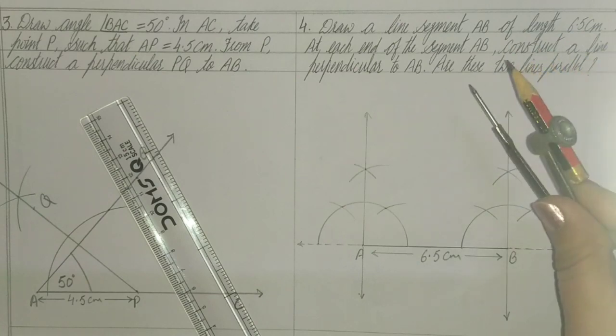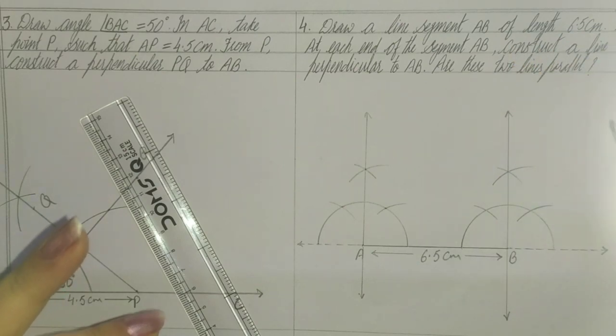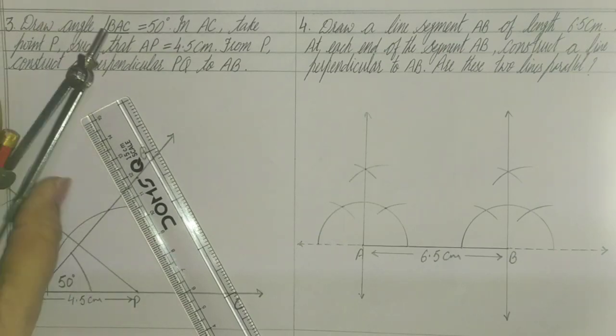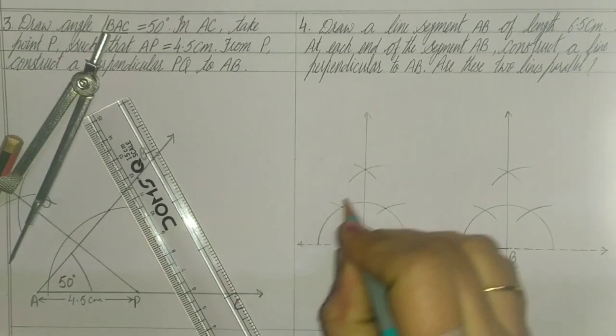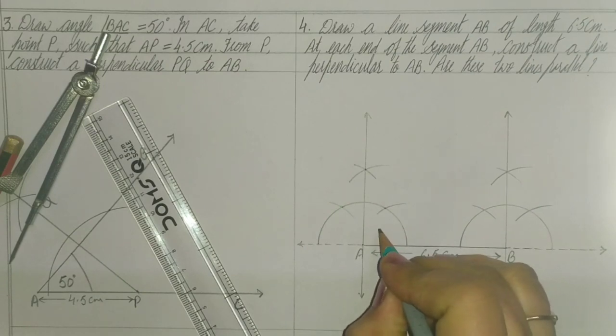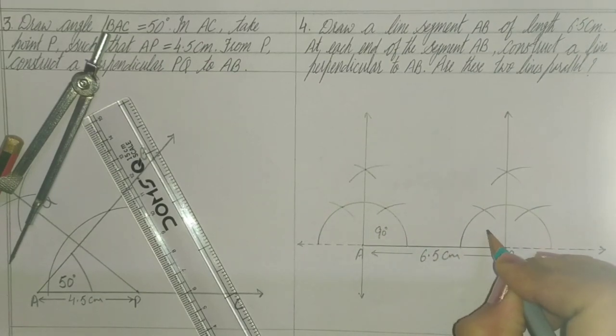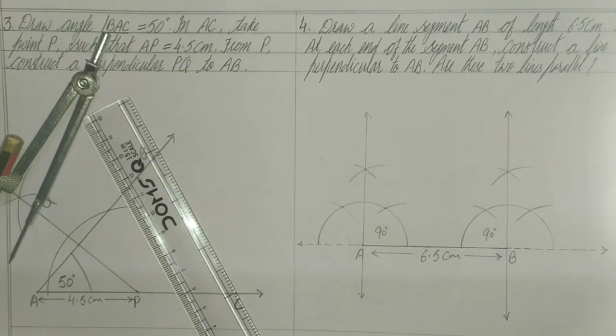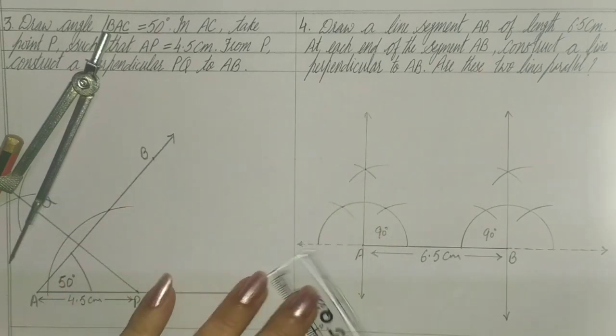Now we have to check whether these two lines are parallel. So what can you say about these two lines? Since these are the two perpendiculars, it means both are of measure 90 degrees.